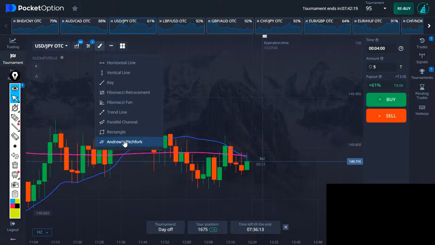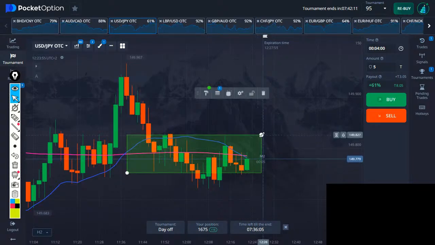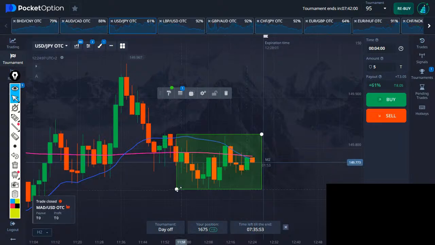Get our rectangle. Swing high, swing low. 1, 2, 3, 4, 5, 6, 7, 8, 9, 10, 11, 12, 13. Beautiful.